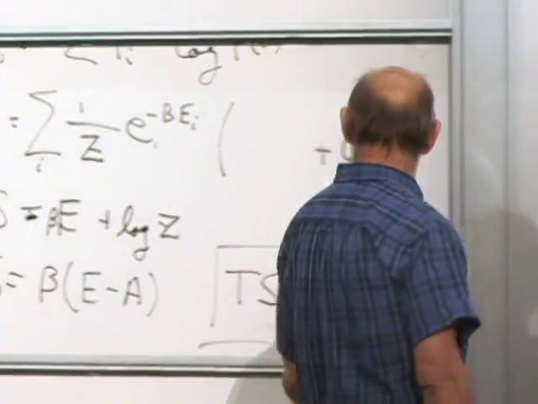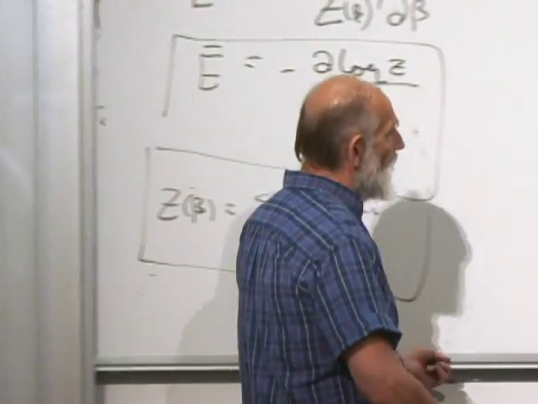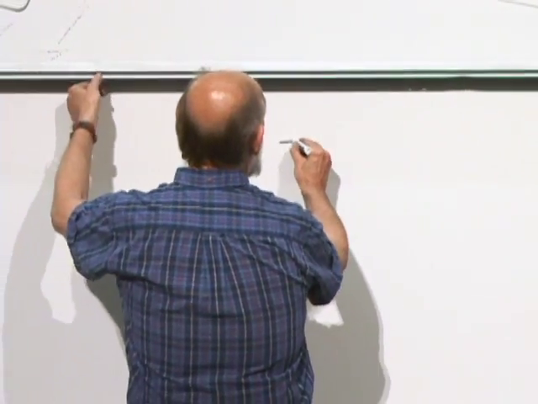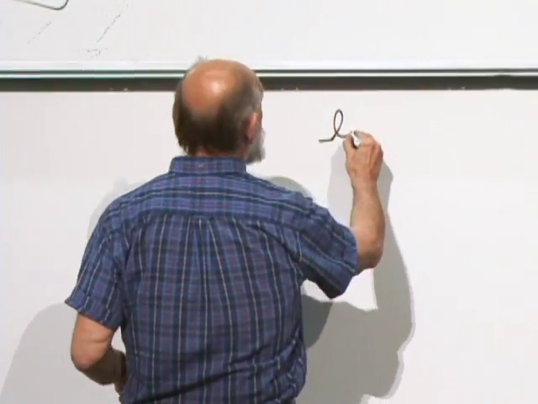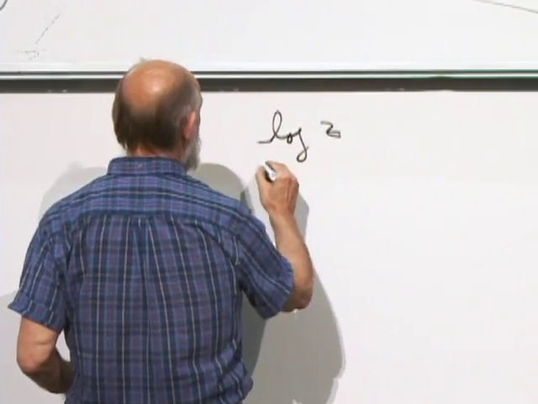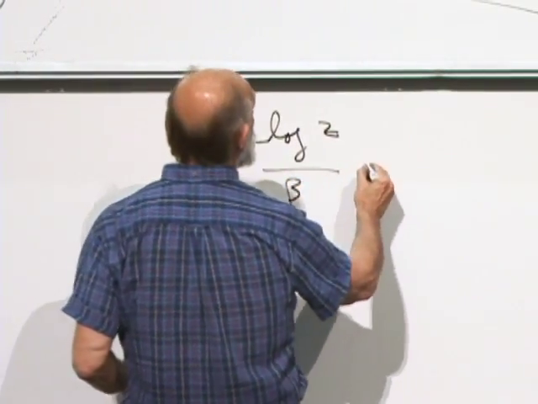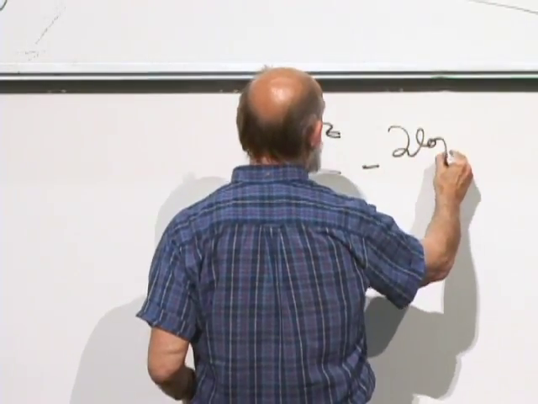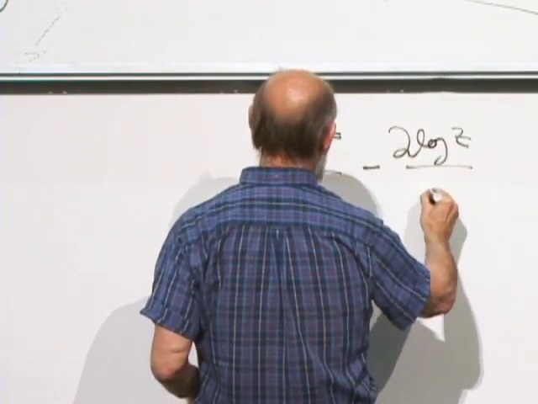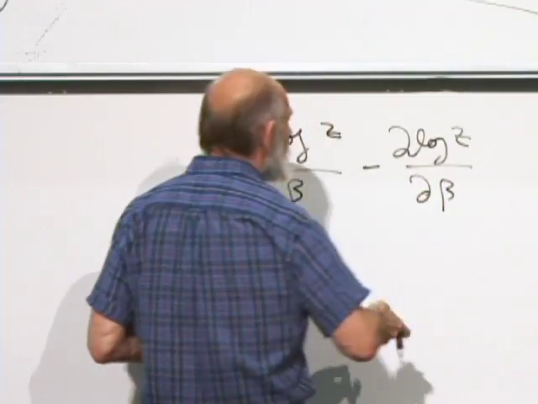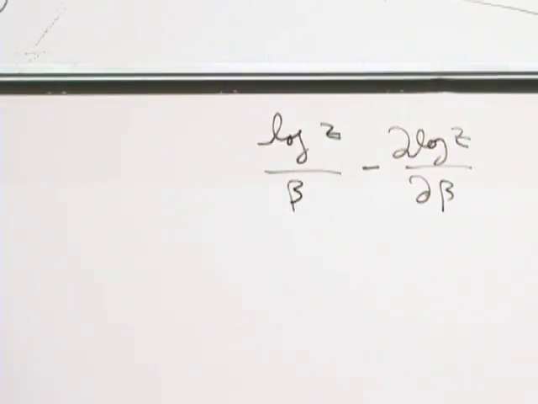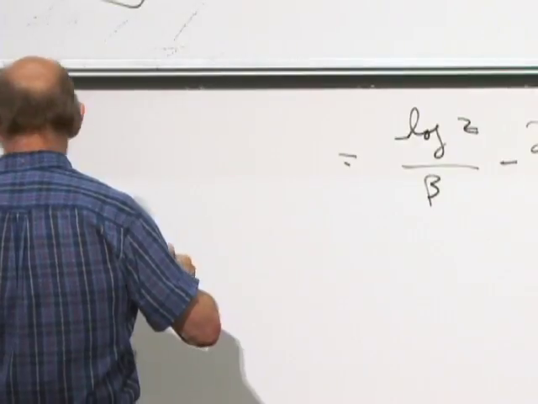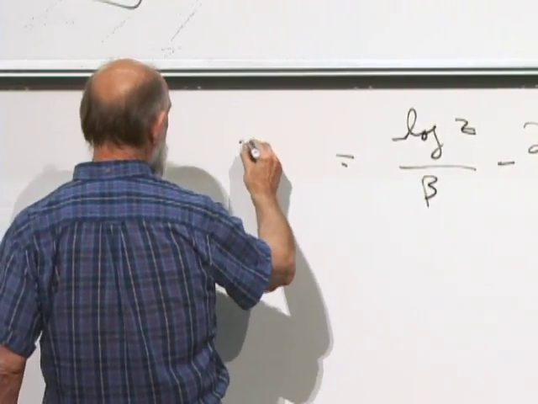Let's see what it is. We have to take E minus A. So E minus A is, well, it's the logarithm of z divided by beta minus the derivative of the log of z with respect to beta. This is a formula for the entropy. I don't mean this is the definition of the entropy. E minus A is equal to TS.